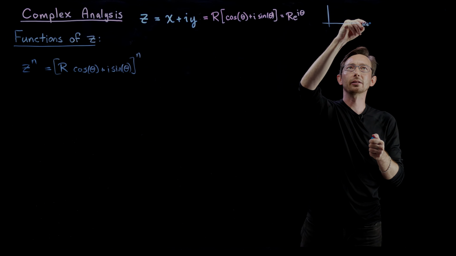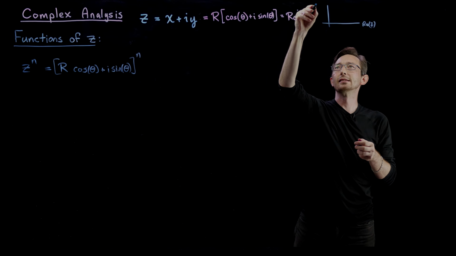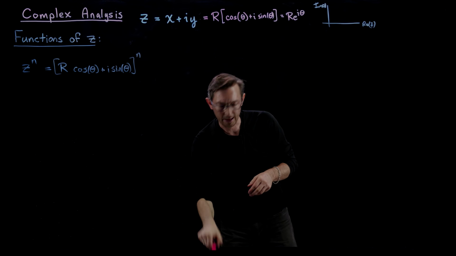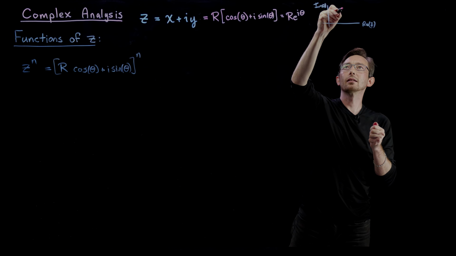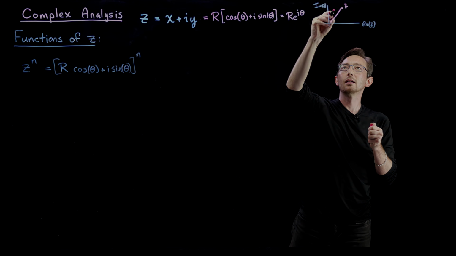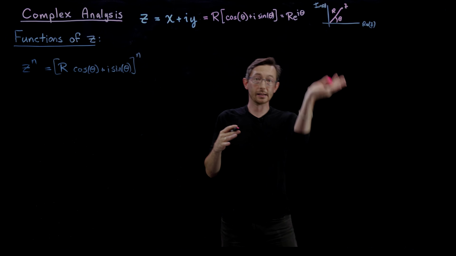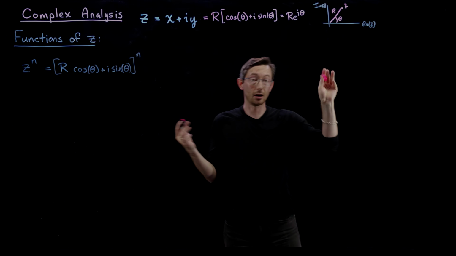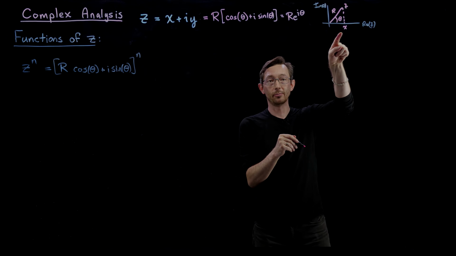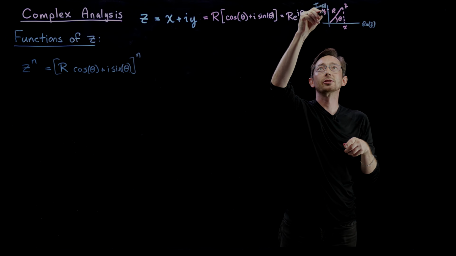If this is the real value of z and this is the imaginary value of z, then my little z value here can be written in terms of r and theta, a radius and a theta in this two-dimensional complex plane, or it can be represented in terms of the real part x and the imaginary part y.